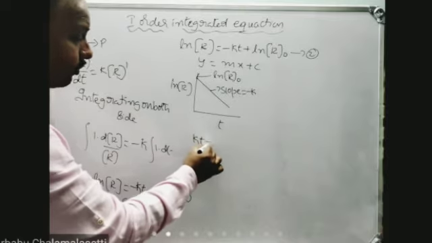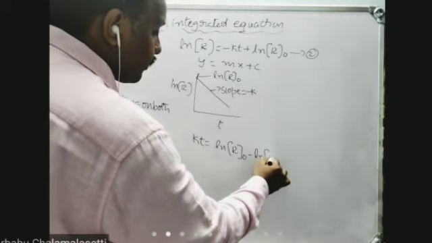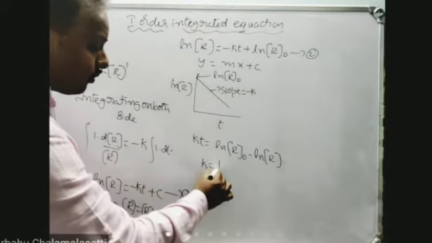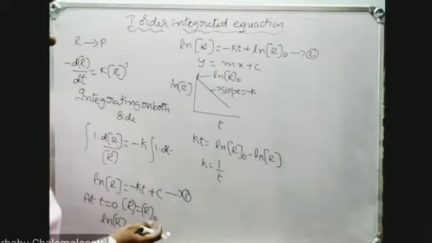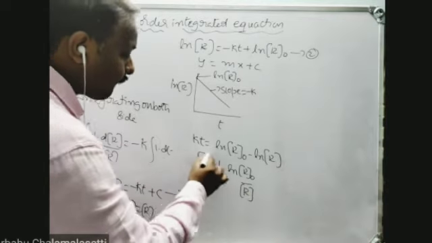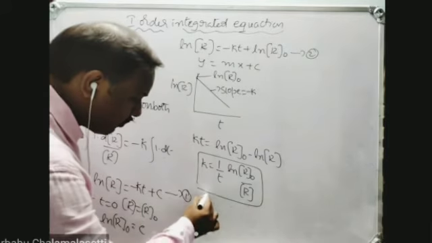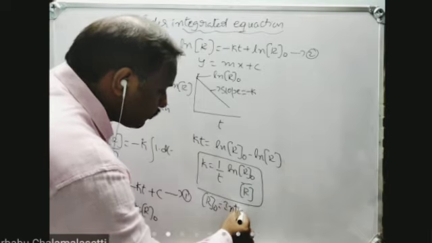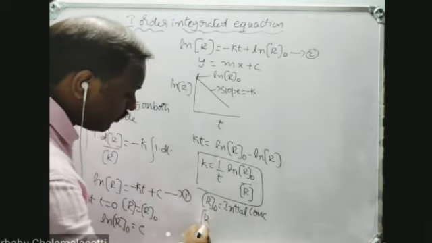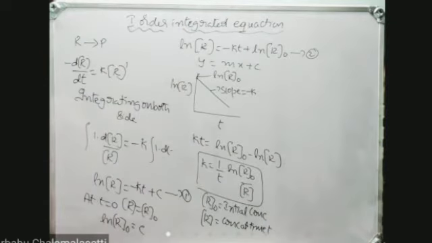Then kt is equal to ln R naught minus ln R. From this we can write k is equal to 1 by t, ln R naught by R. This is the formula for calculation of the rate constant for a first order reaction, where R naught is the initial concentration and R is the concentration at time t.